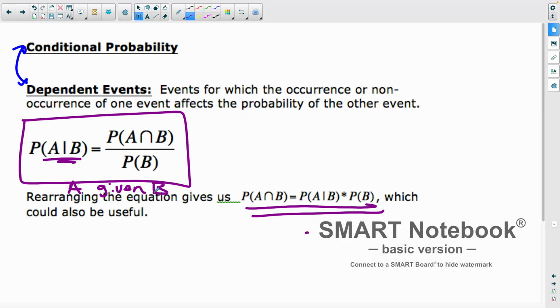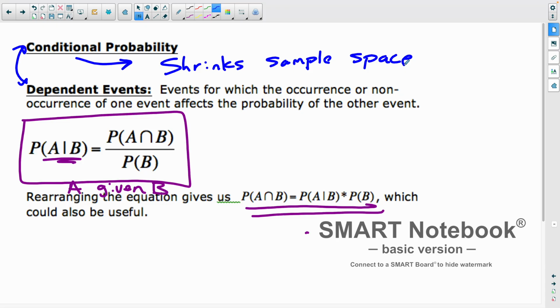And so when we do conditional probability, one of the main things that happens is it shrinks my sample space. So normally when we have a conditional probability, it lessens the amount of people or things that we're looking at. It narrows our focus.